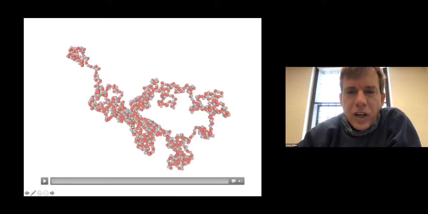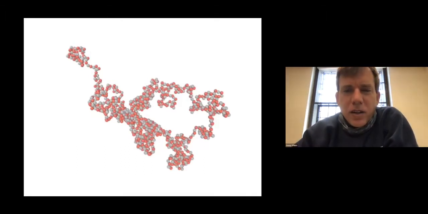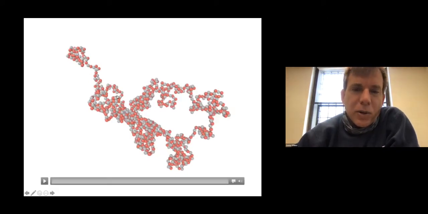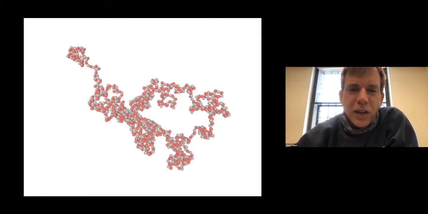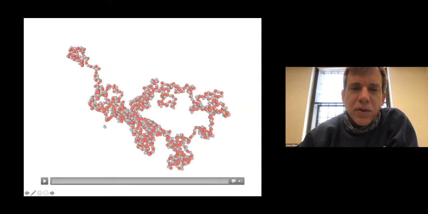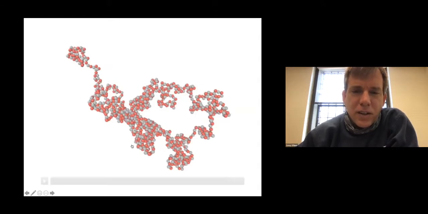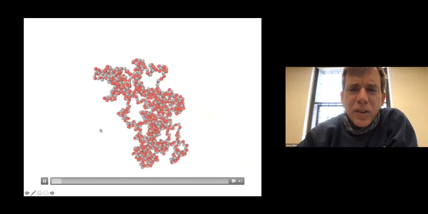So in general, what we're going to be talking about are simulations of these proteins modeled like polymers, either at a very coarse level where you have one sphere per amino acid, or with all atoms included. Here's an example of the coarsest representation.